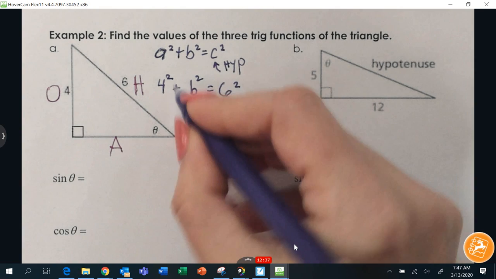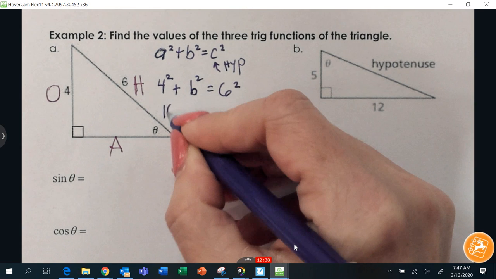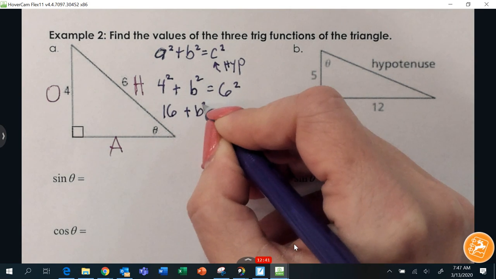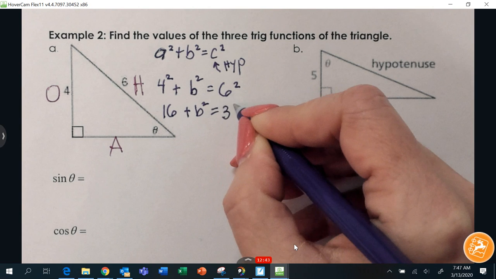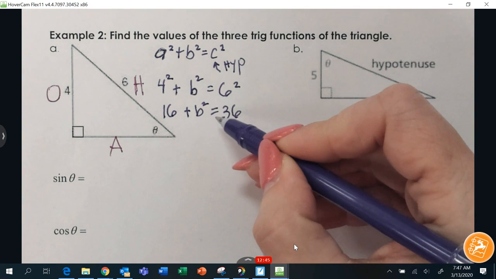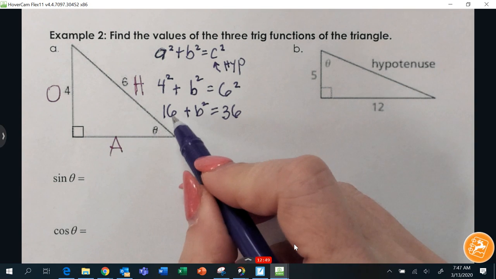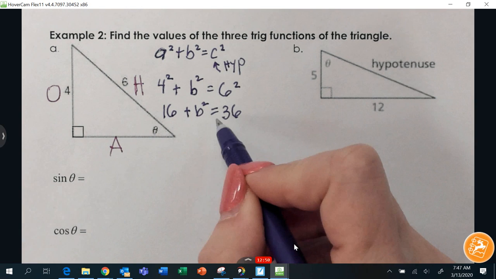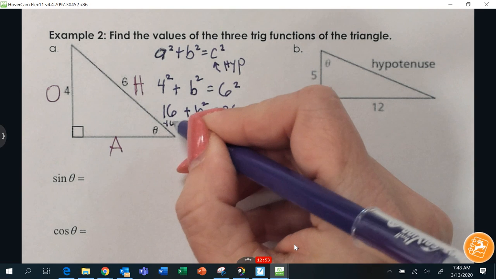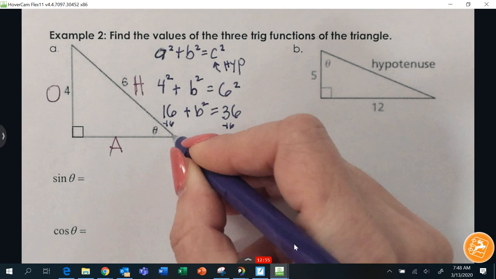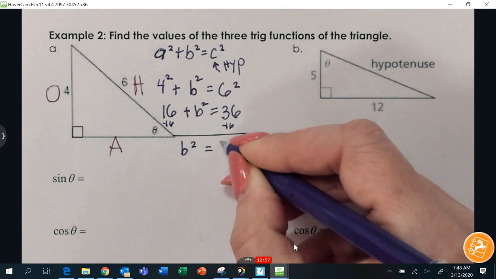I'm going to simplify this. We're going to get 4 squared, 16, plus B squared equals 36. Now we have to figure out what B squared is. So to figure out what B squared is, I need to take away 16 from both sides. Get B squared equals 20.